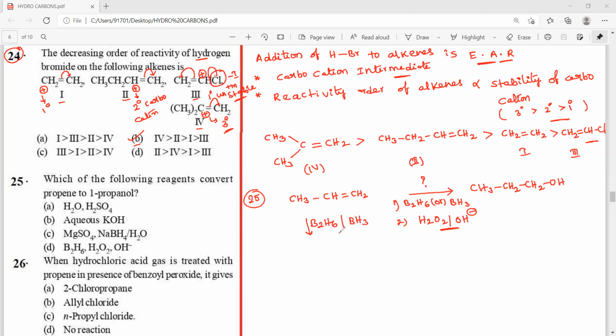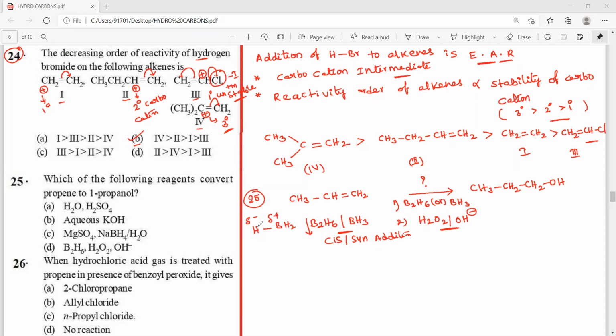It is a syn or cis addition, in which hydrogen is partially more electronegative when compared with boron. So boron has a partial positive charge.